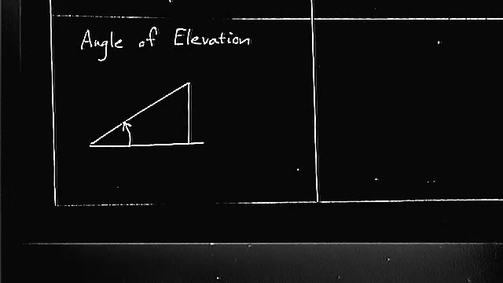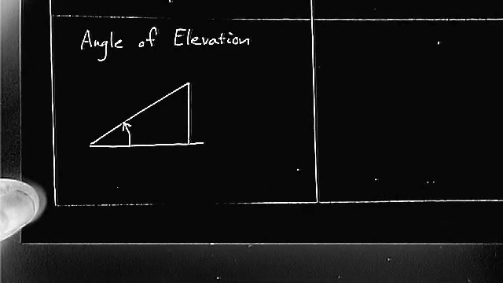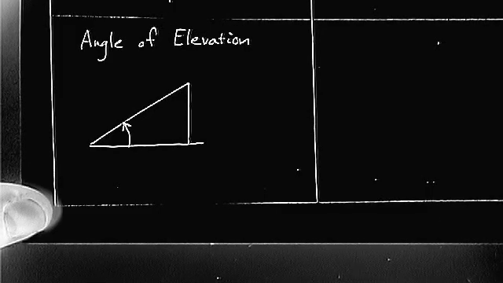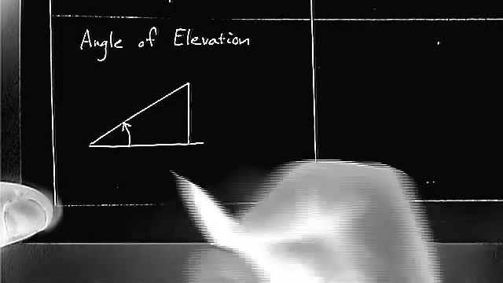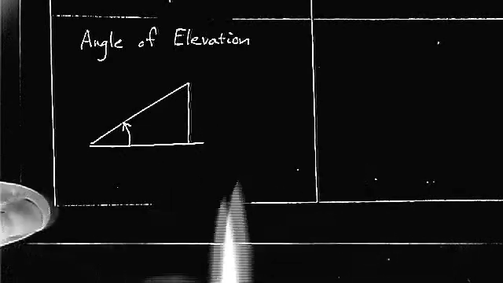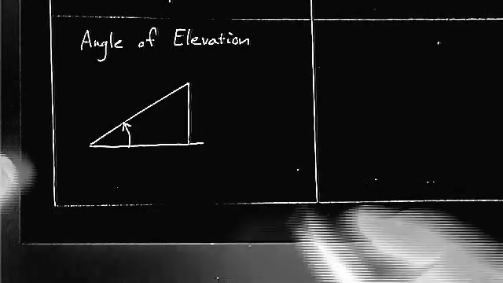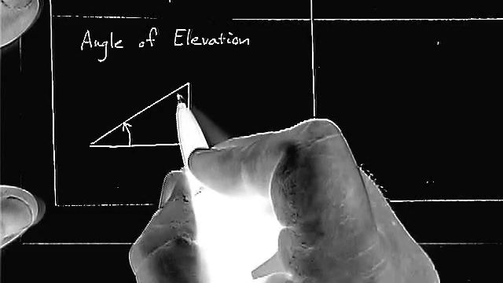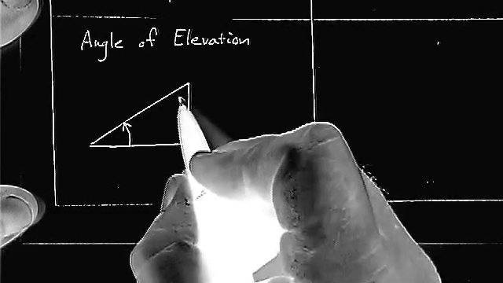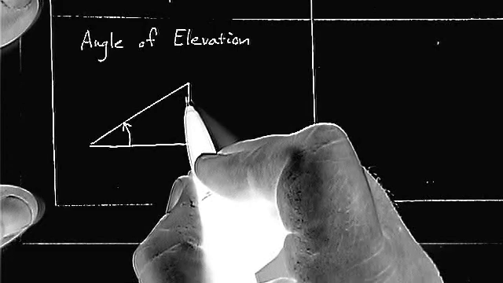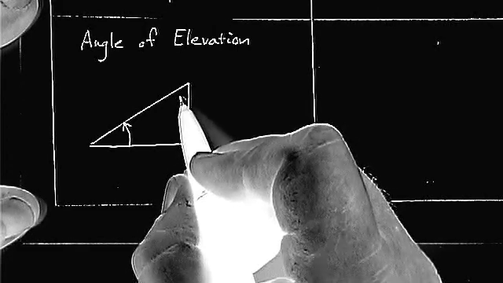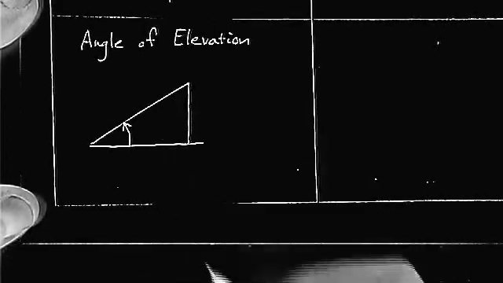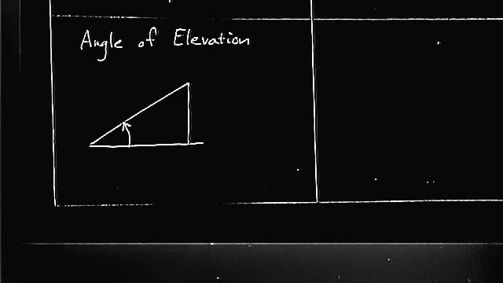That's angle of elevation. We have those situations in story problems, and I get people who start measuring this part of the triangle as if this is the angle of elevation. Would that be a good angle to use? No. It can give you a bad value.